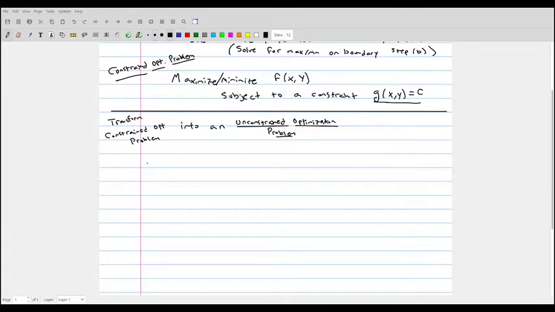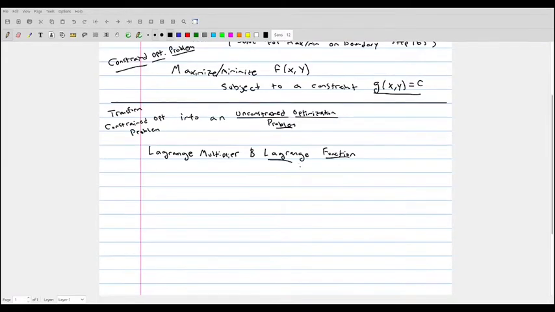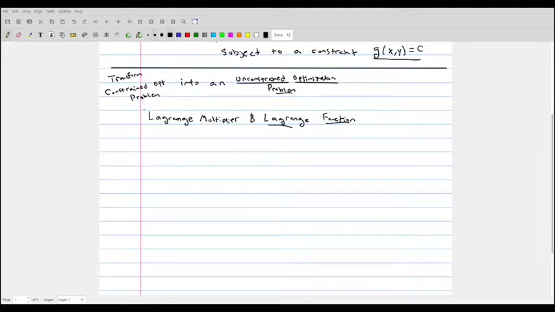And we do that by introducing what's called a Lagrange multiplier, which is a new variable, and a new function that we call the Lagrange function. These are the two big new introductions that we have to make to do this.